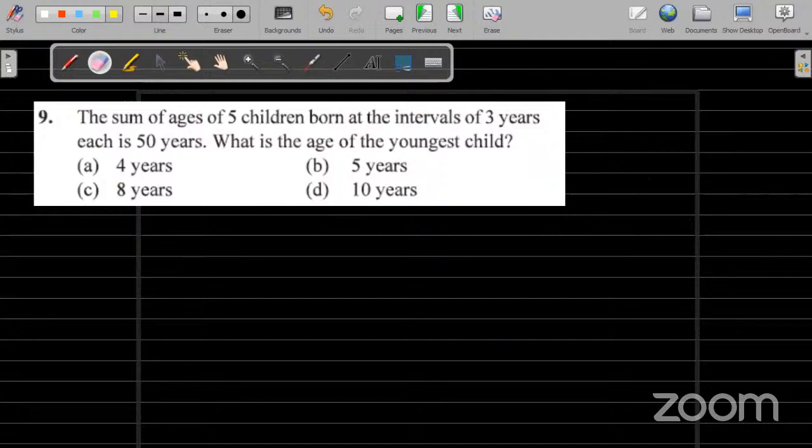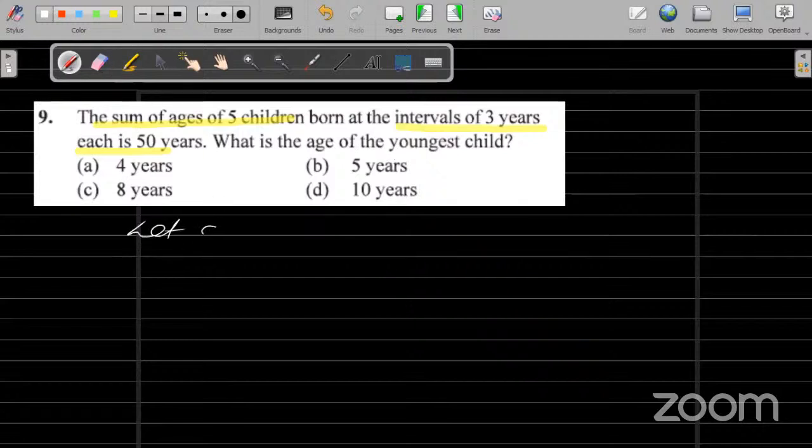Okay. So the sum of ages of 5 children born at intervals of 3 years is 50 years. We need to get the age of the youngest child.